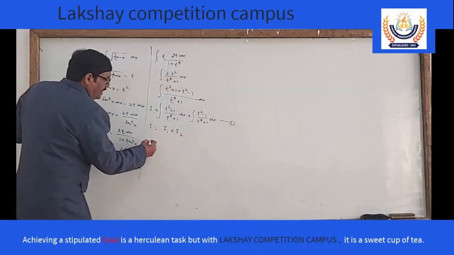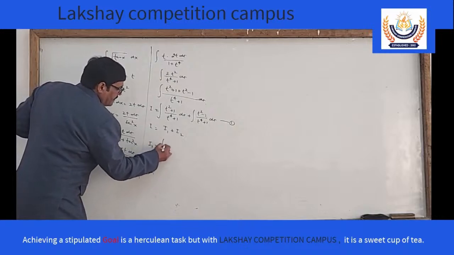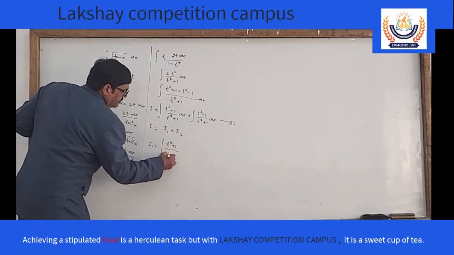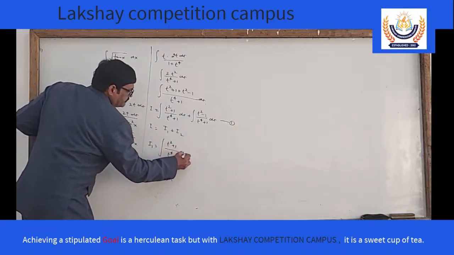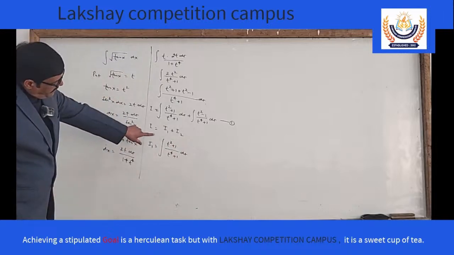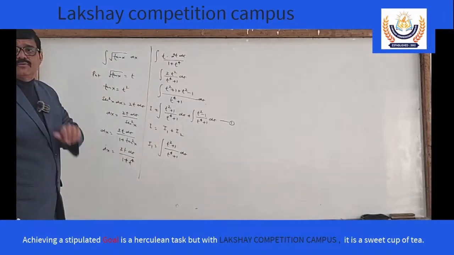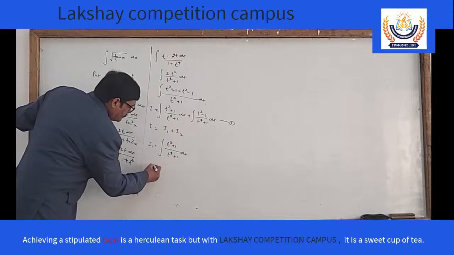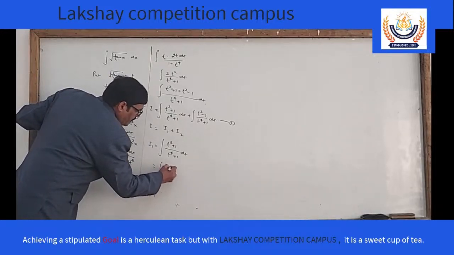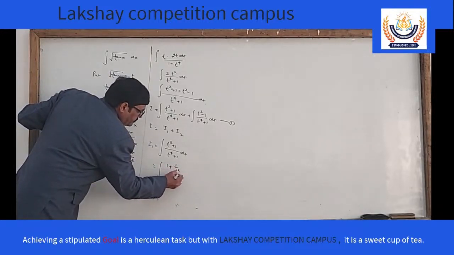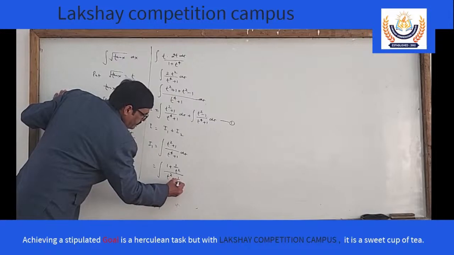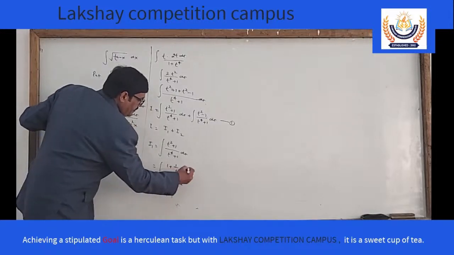Now here I1 is the integral of (t² plus 1) by (t⁴ plus 1) dt. Divide the numerator and denominator by t². What do you find? 1 plus 1 by t² in the numerator.